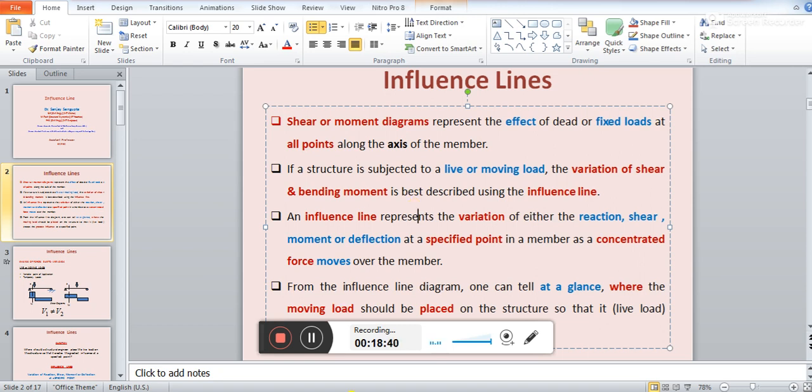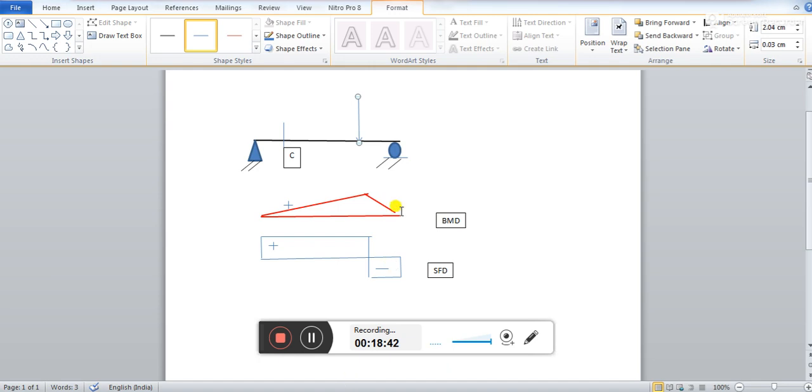When the load is moving, it comes from outside, enters this beam, moves like this, and goes out of the beam.